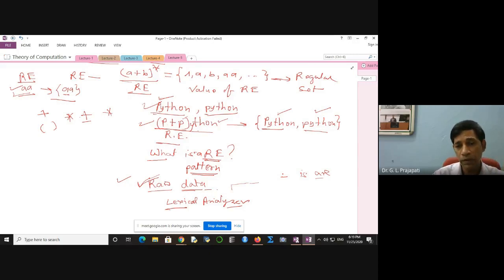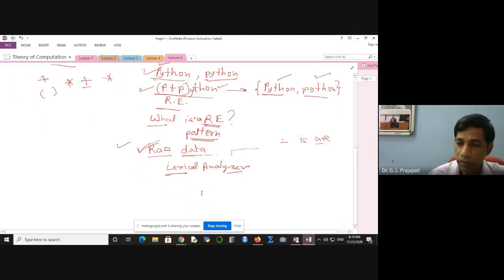So how can you write the formula so that your compiler knows whether this is a valid token or not, and can verify the syntax of your statement in your programming language? The lexical analyzer also uses the concept of regular expressions. So everywhere you will find the usefulness of the regular expression.